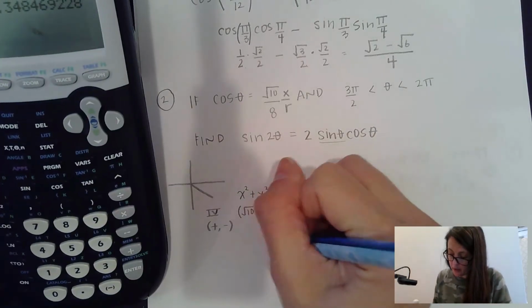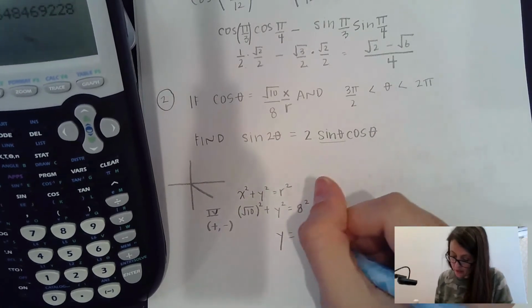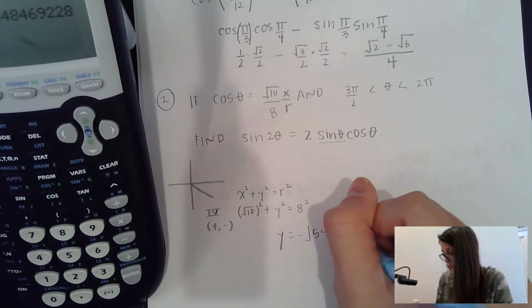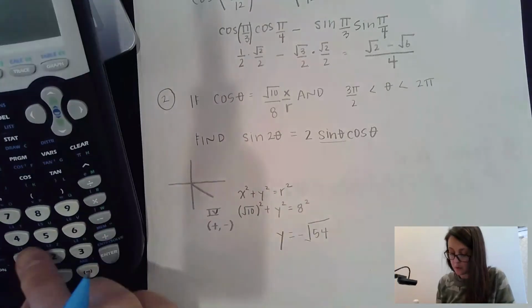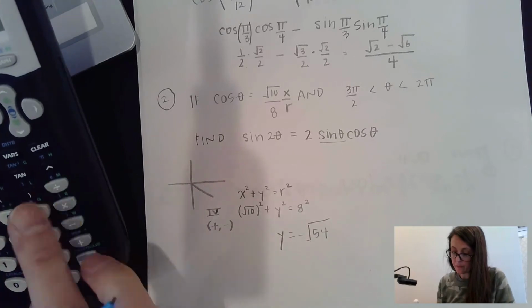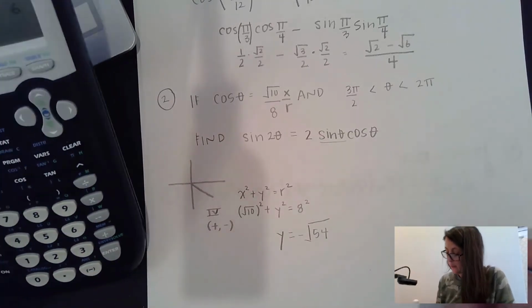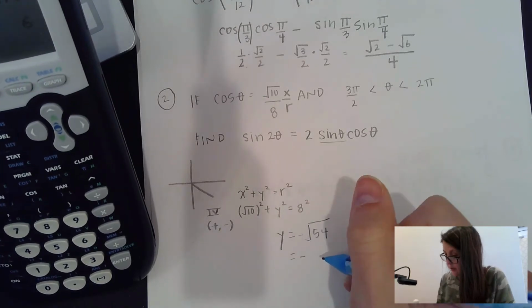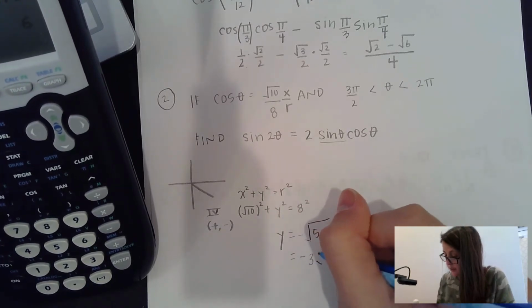So y here will be negative, and it's going to be negative square root of 54. And this can reduce to negative 3 square roots of 6.